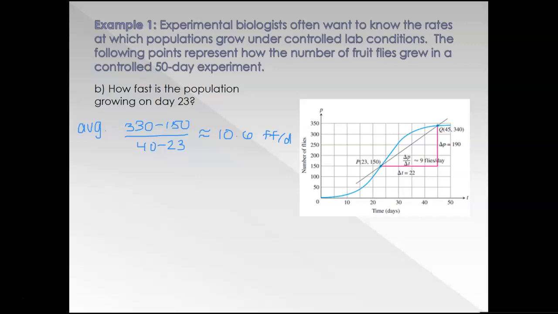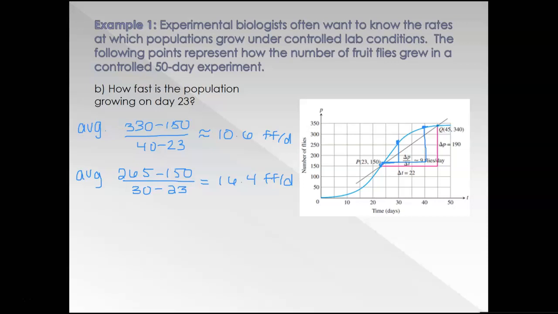Is day 40 to day 23 going to be the best comparison? No. So maybe we compare day 30 to day 23. On day 30, that looks to be about 265. So now that's approximately 16.4 fruit flies per day.